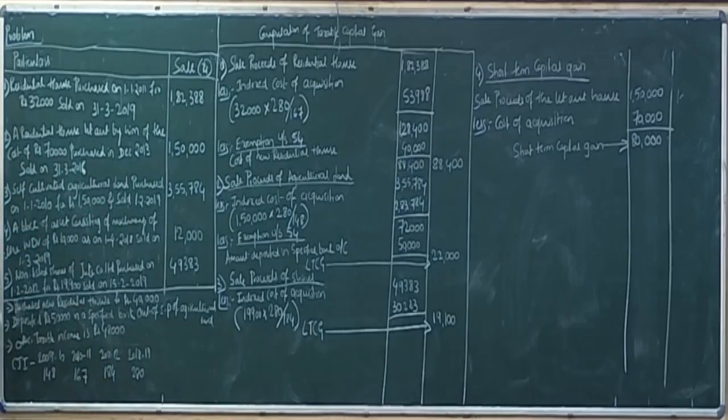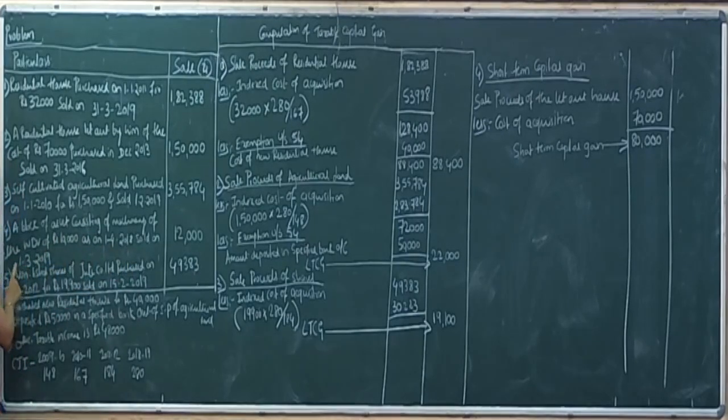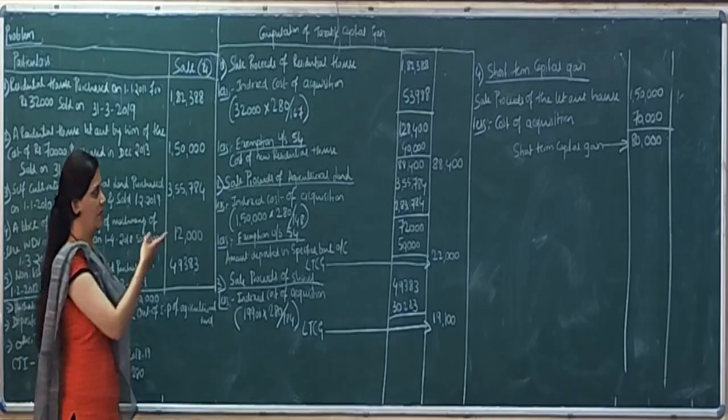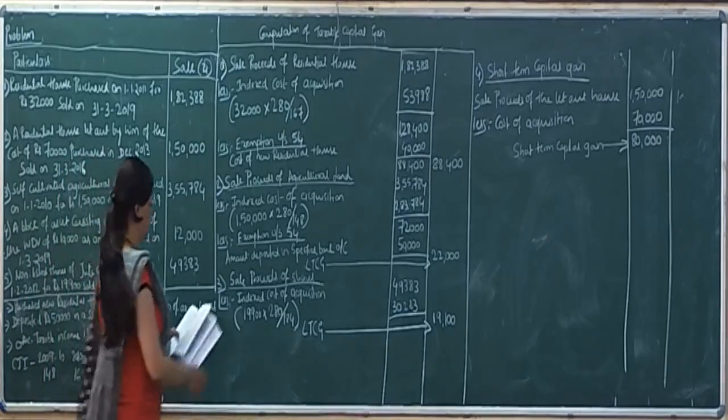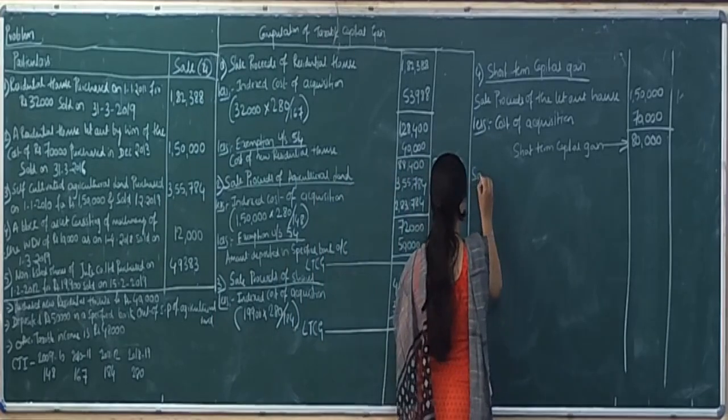Short-term capital gain, and let us check how many other assets we have under short-term capital asset. Here we can see March is for less than 36 months, it has to be recorded under short-term capital.